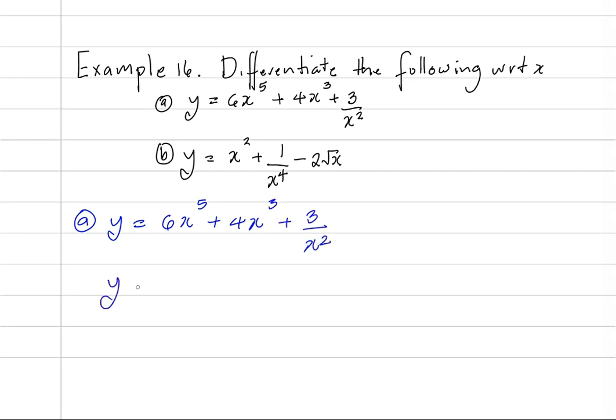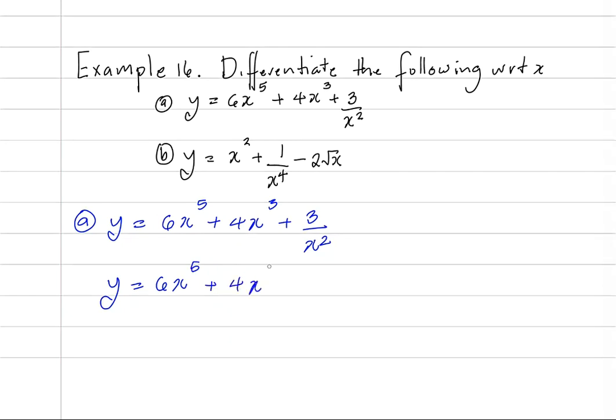So we can write that y is equal to 6x to the fifth power plus 4x cubed plus 3x to the minus 2. All right, so the power is at the bottom and you bring it up to the top, it changes the sign. All right, and that is from indices. Let's differentiate dy by dx.